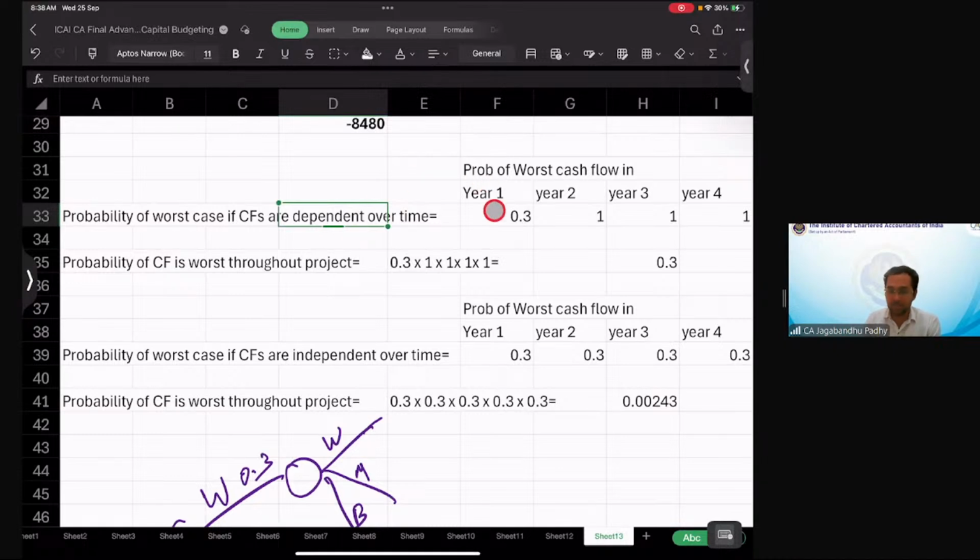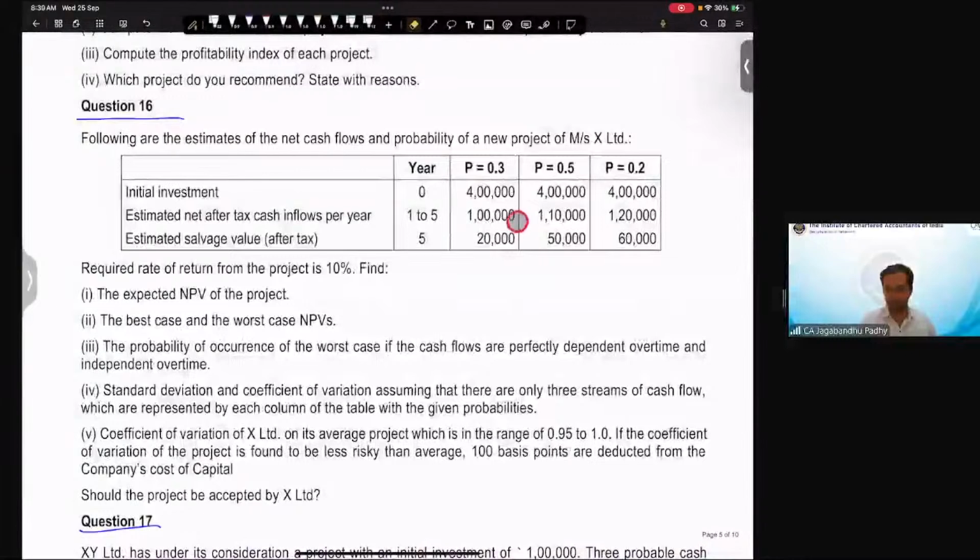So when you have 100% surety, what's the probability of worst cash flow in year 2? 1. Probability of worst cash flow in year 3? 1. Because when you say the word dependent, year 2 is dependent on year 1. So once year 1 has come out to be worst, year 2 is also going to be worst.